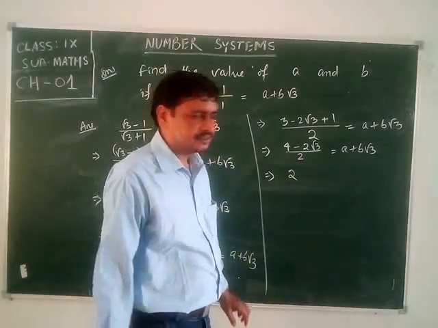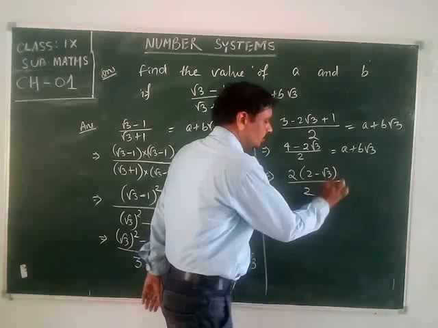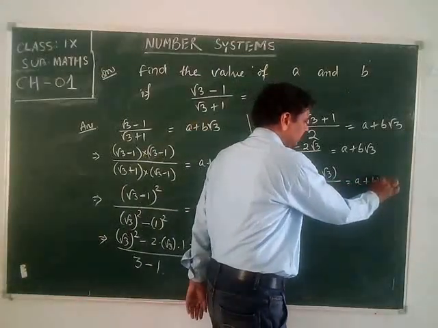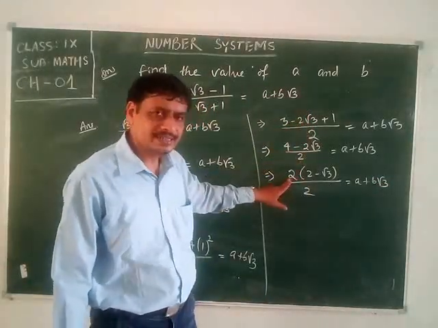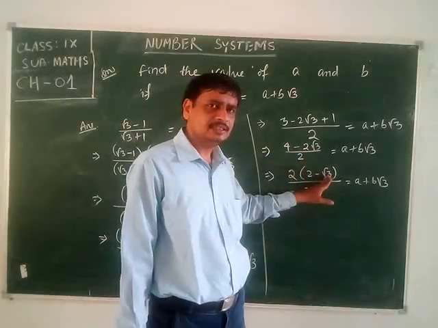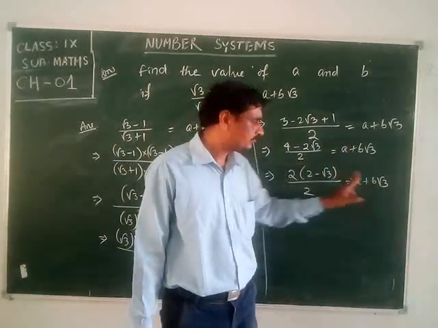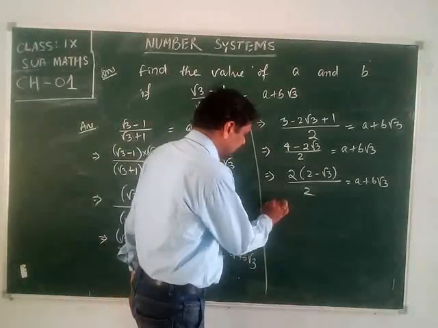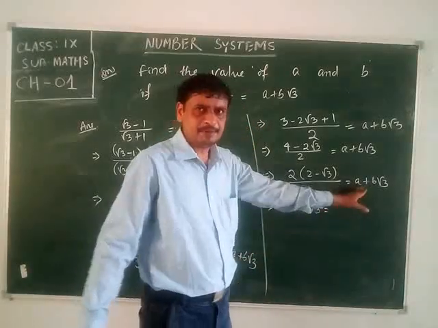After taking common, it remains 2 minus root 3 whole divided by 2, which gives A plus B root 3. Now, this 2 and 2 will be cancelled out. It remains 2 minus root 3, which gives A plus B root 3.